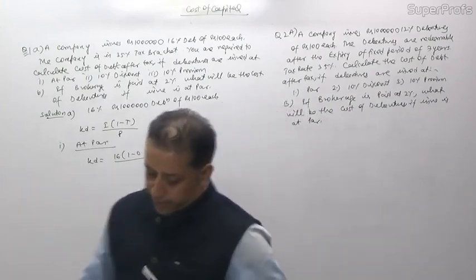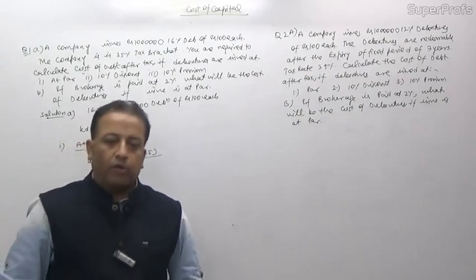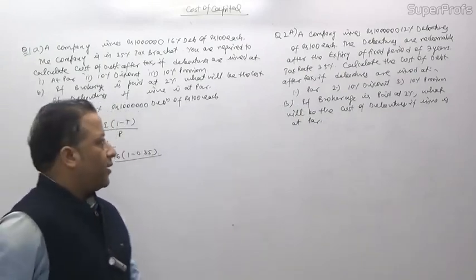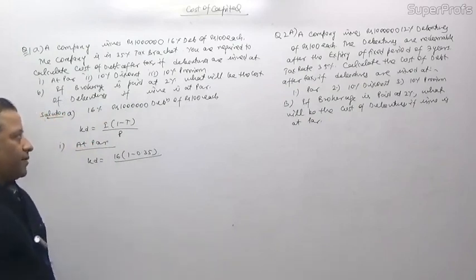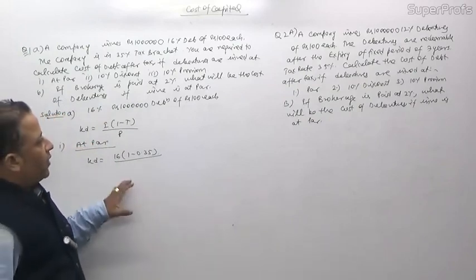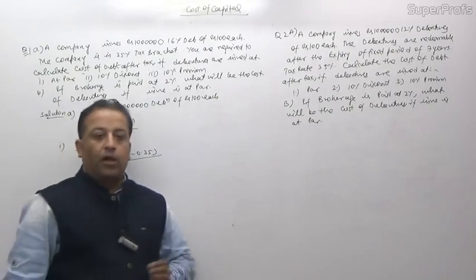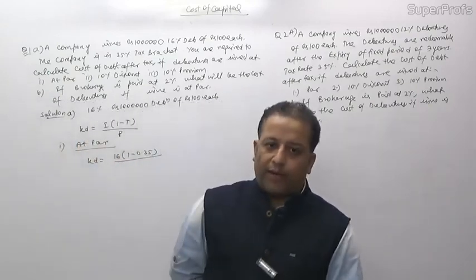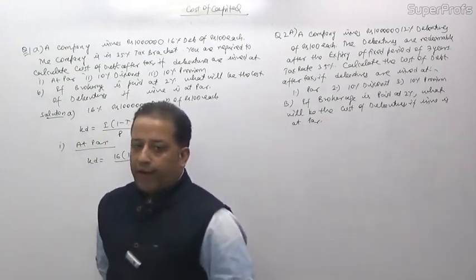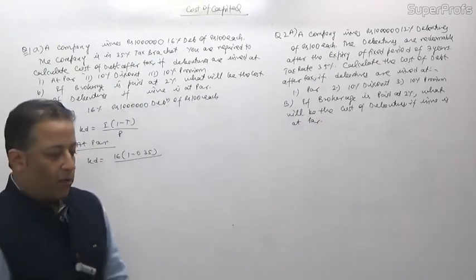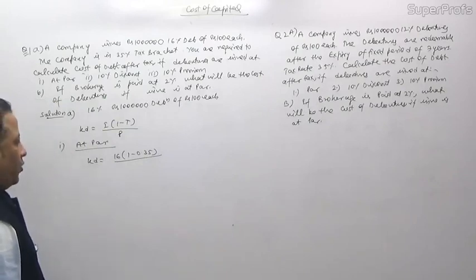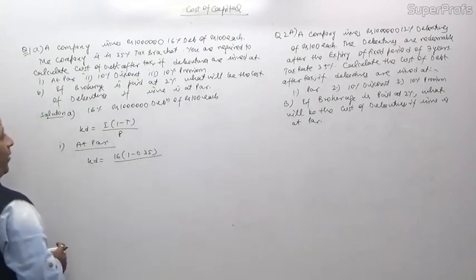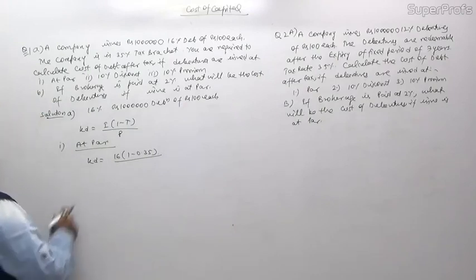No information regarding flotation price is given, so the face value can be taken as the value of P. P stands for flotation price or market price or face value.